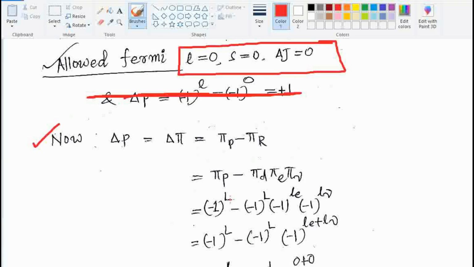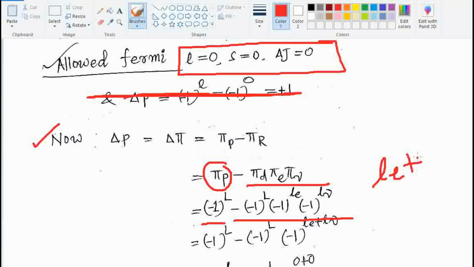Now you see, this is the reactant side parity and this is the parent side parity. On the parent side there is only the parent nucleus. And we know that Le plus L nu, when you add them, will be L. And what is the value of L? L equal to 0.